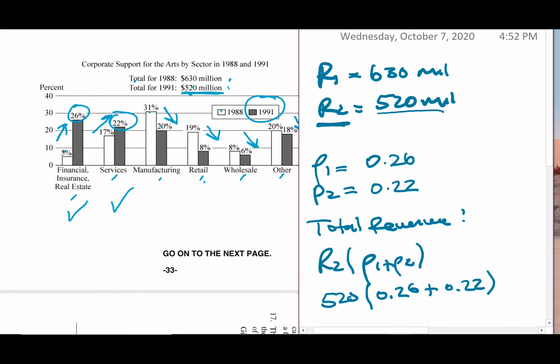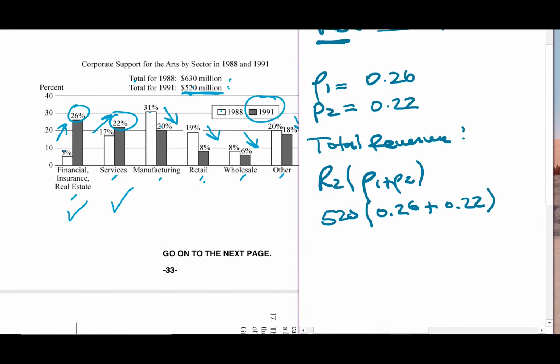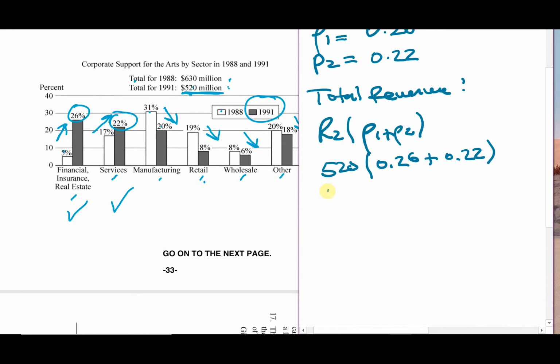And this comes out to 520 times 0.48. So it's approximately 50%, almost, of 520 million. And then from here, we can just multiply. You could take 52 and 48.